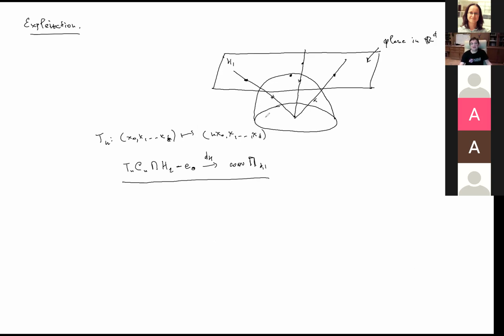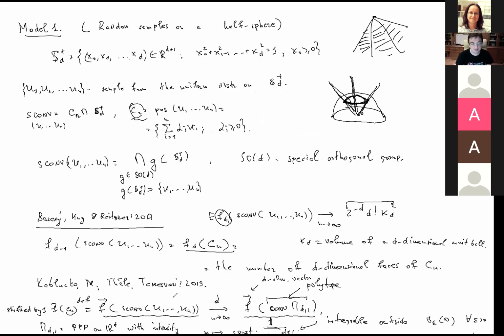The limiting cone can be described in a simple way: it is just a cone whose intersection with H1 is given by this convex hull. And this convex hull is a polytope. So this is quite a simple explanation of this result by Kabluchko, Thäle, Zaporozhets, and myself, and as a consequence of this result by Bárány, Hug, Reitzner and Schneider.